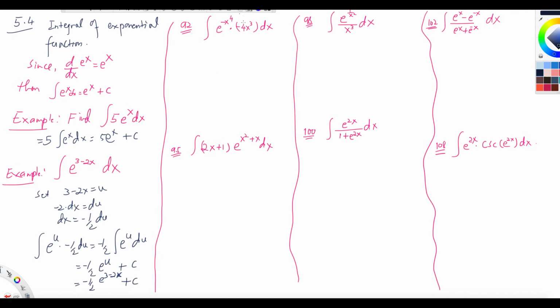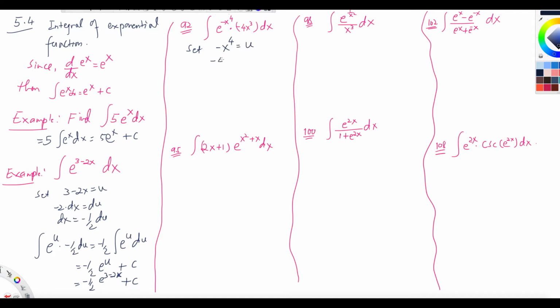Okay, a similar thing here. So you have e to the negative x to the 4th times negative 4x cubed dx, right? So again, what I'm going to do is take the exponent as u. So set negative x to the 4th equals u. What is the derivative?